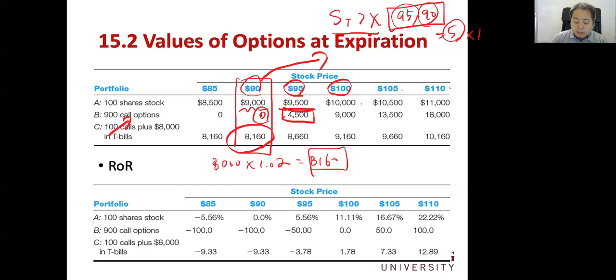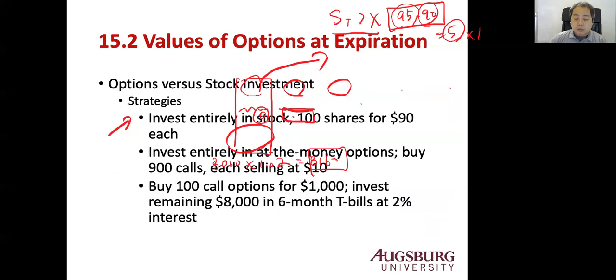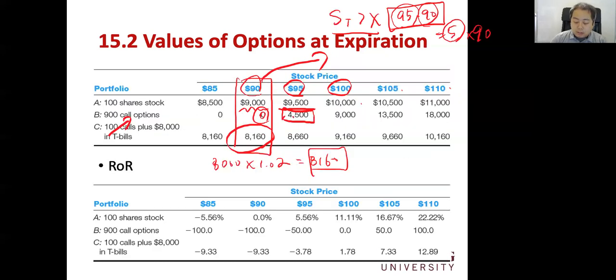How many calls do you have? I believe 900 calls. So times 900, then $4,500 will be your payoff. At $100, it becomes $9,000, because 100 minus 90 is a $10 payoff, times 900. Same way, at 105, you have $15 times 900, and $20 times 900, right? That's the option investment.